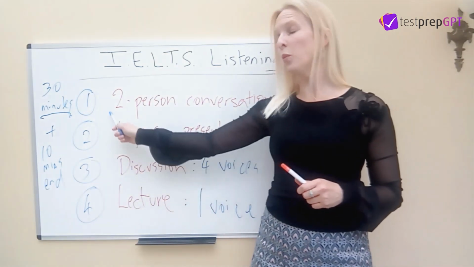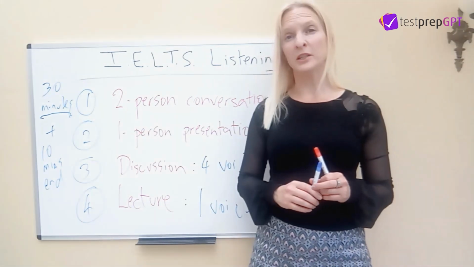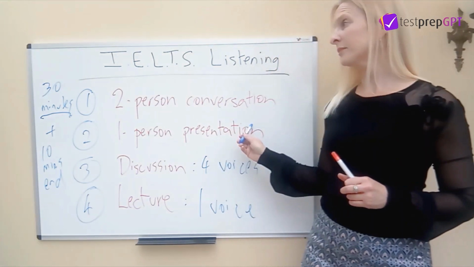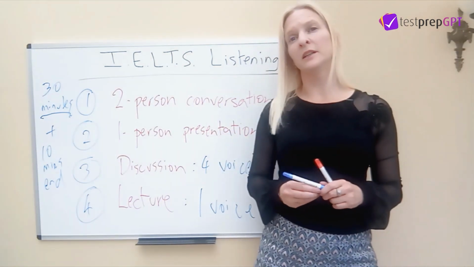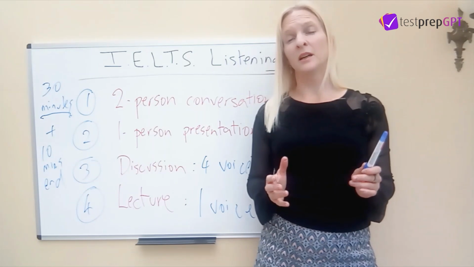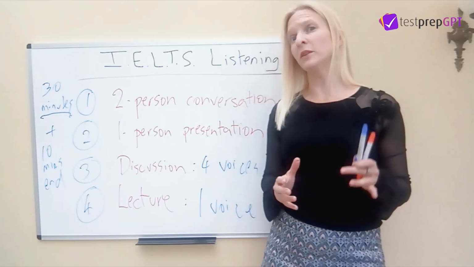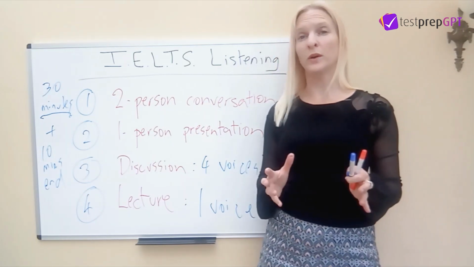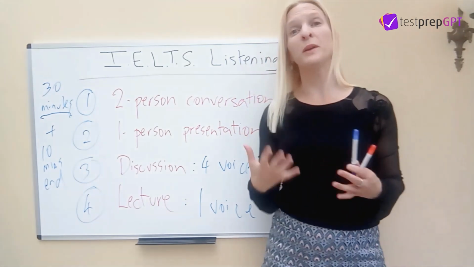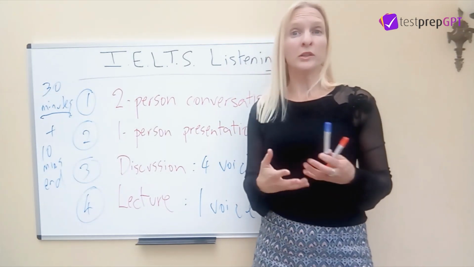Section 1 is a conversation between 2 people, and normally it's a man and a woman speaking. So you generally hear a female voice and a male voice speaking about a general social topic.